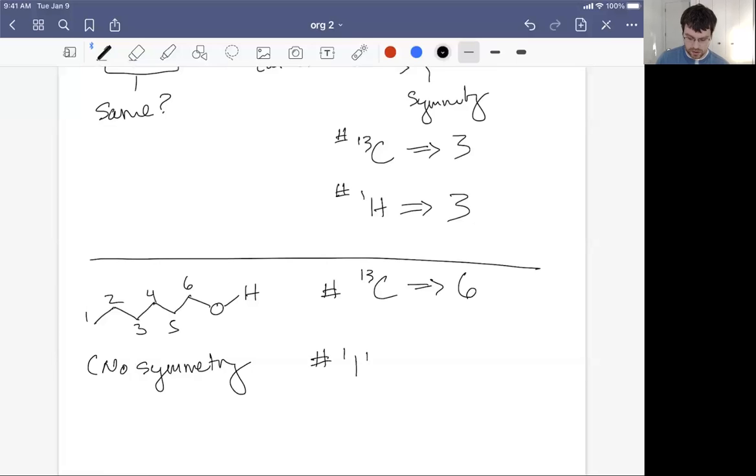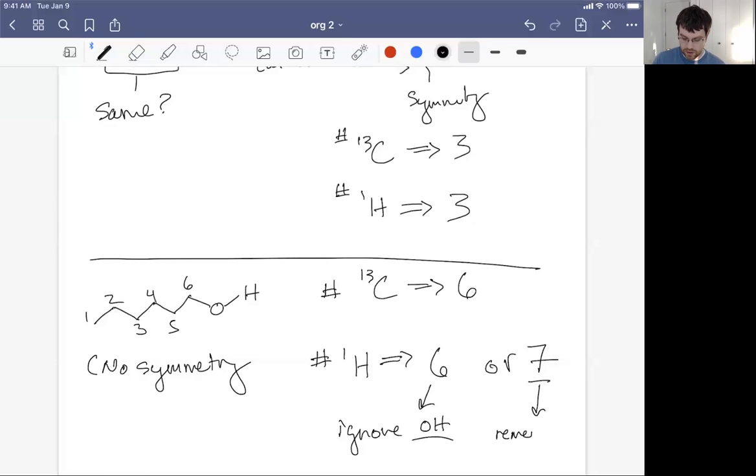Now the 1H is a little bit interesting. Every hydrogen that's attached to the same carbon is in the same chemical environment. So if you have a CH2, both of the hydrogens are in the same chemical environment. Now, I will accept either answer if you put 6 or 7. 6, if you ignore the OH, as I mentioned last time, the OH will typically wash away. Now, that's an experimental result that we can overcome if we need to.